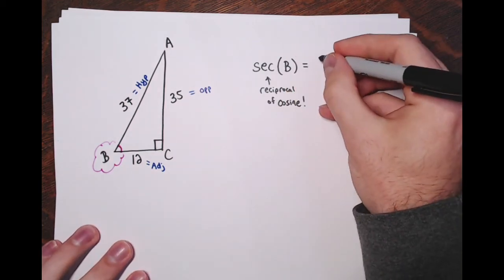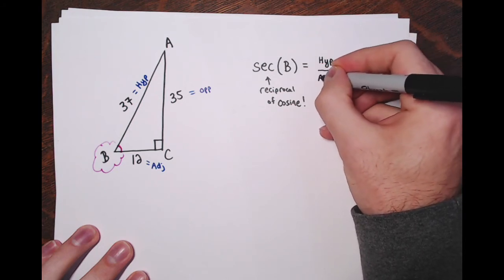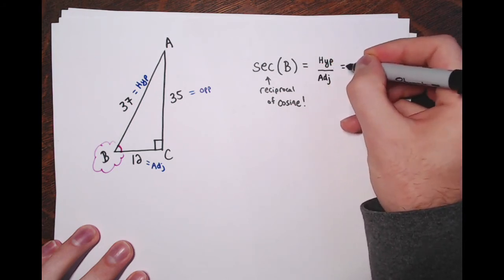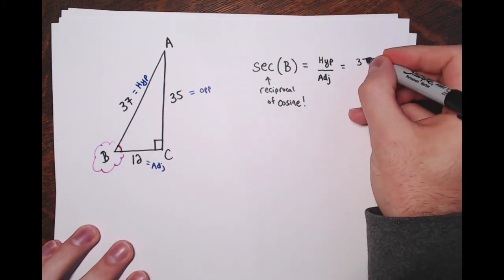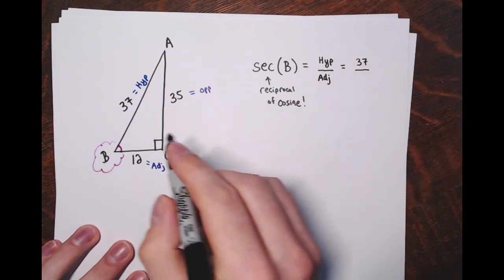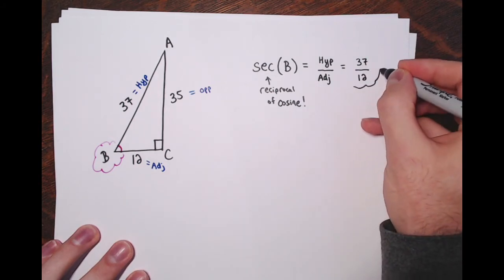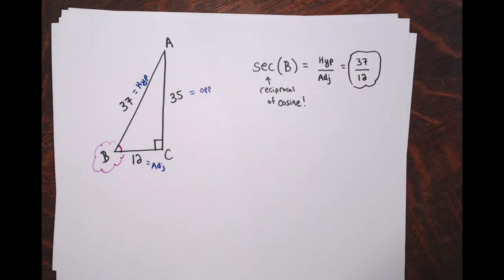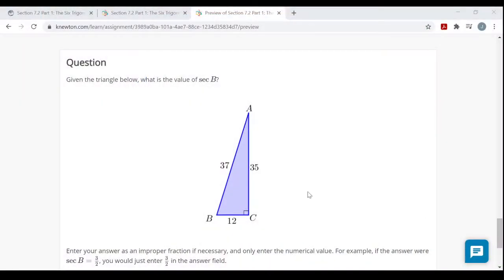So the secant is the reciprocal of that, hypotenuse over adjacent. So for angle B, the hypotenuse is 37 in the numerator, divided by the adjacent length, which is 12, and that's as simple as that gets. 37/12 would be the secant of angle B.